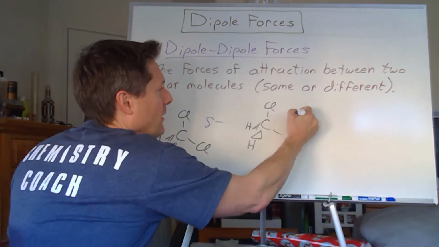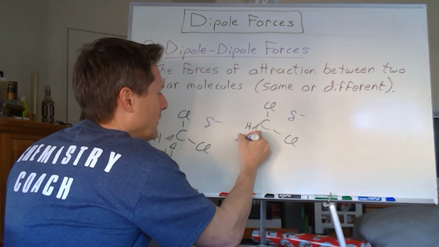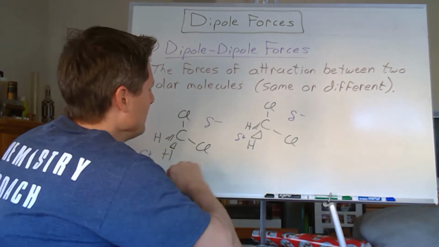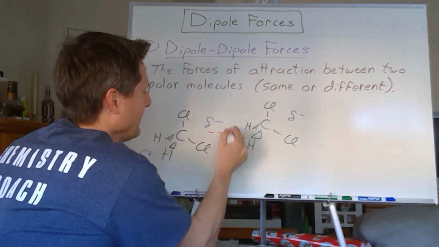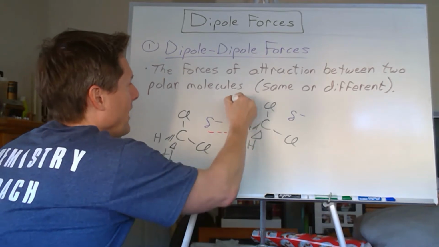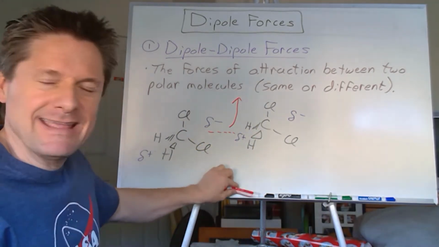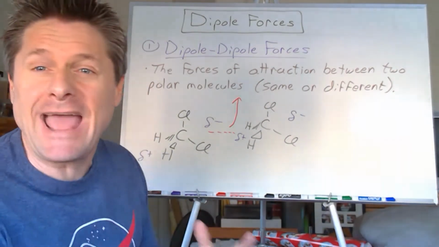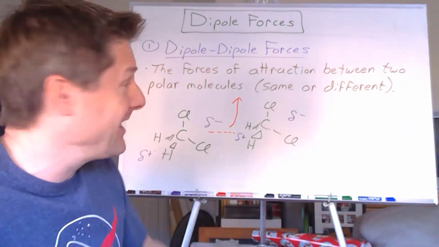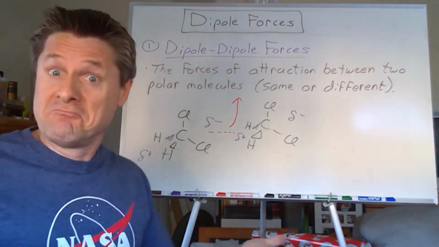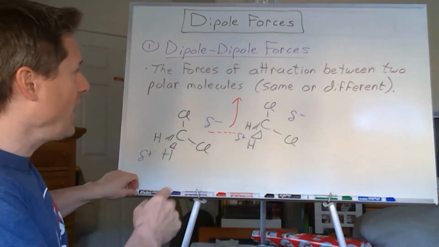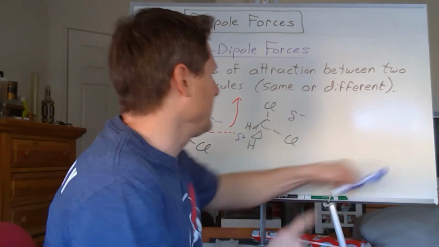So over here, we got the partial negative, partial positive, and you can see where that dipole-dipole force comes from, right? And it's the same electrostatic attraction as a cation with an anion. It's just not as strong, right?